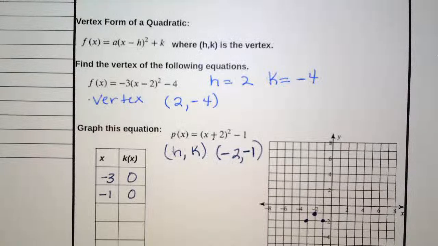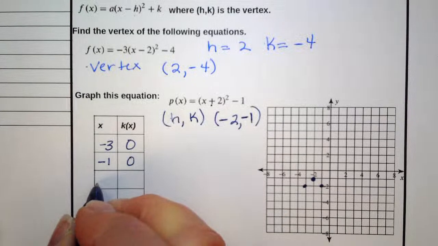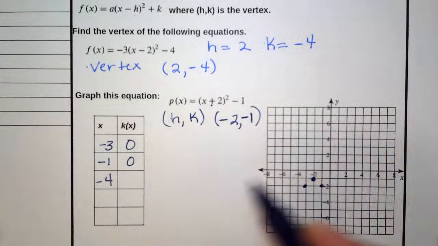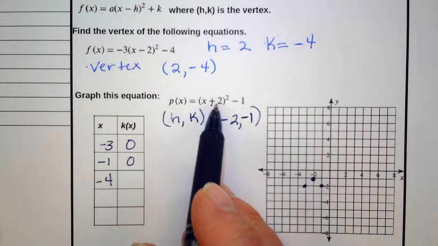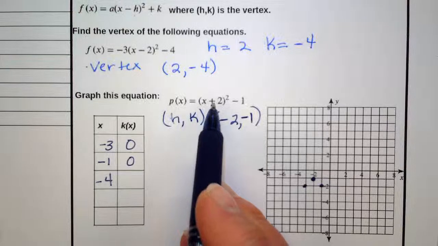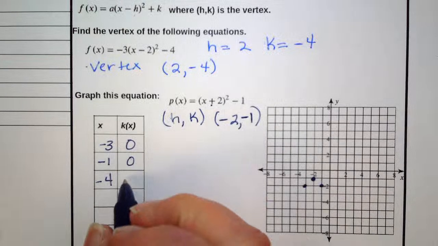What number shall I try next? Because you know when you're squaring, it's going to get really big really quick. So let's go -4. -4 plus 2 is -2. -2 squared is 4. 4 minus 1 is 3.